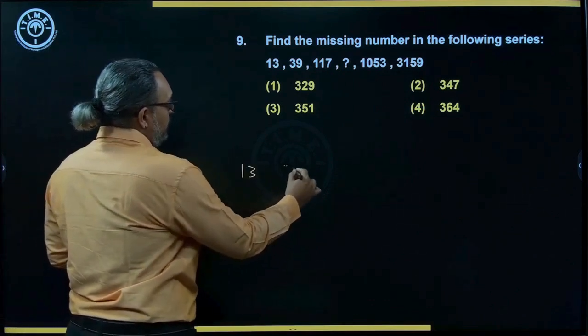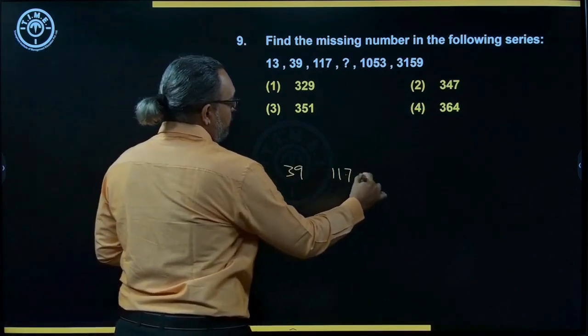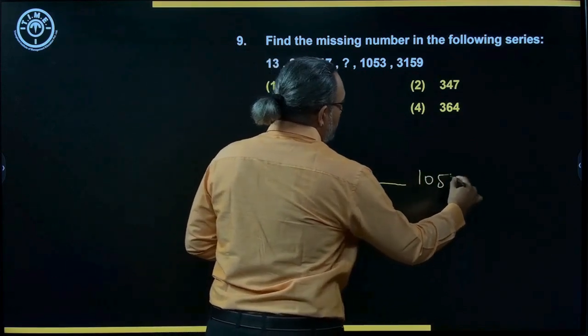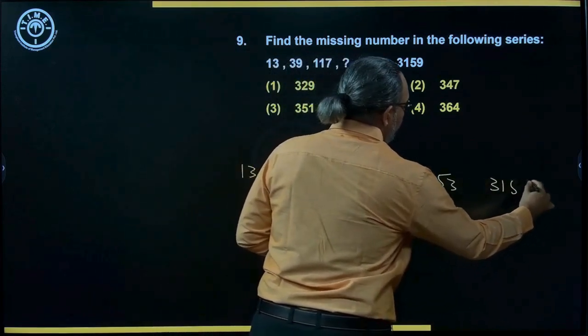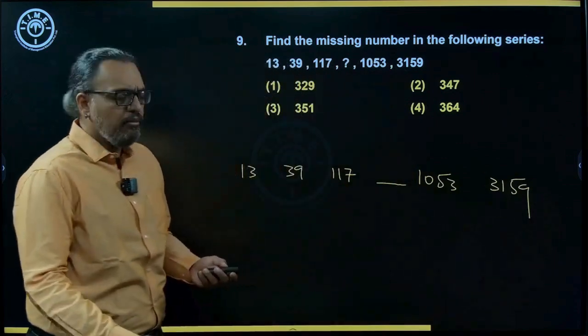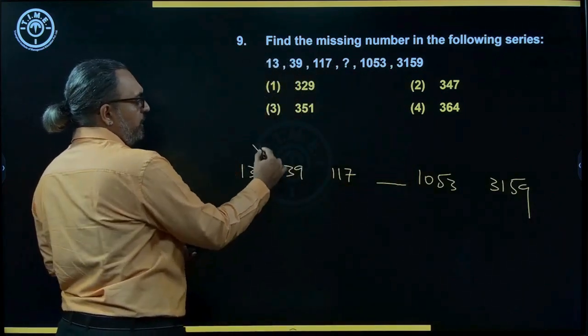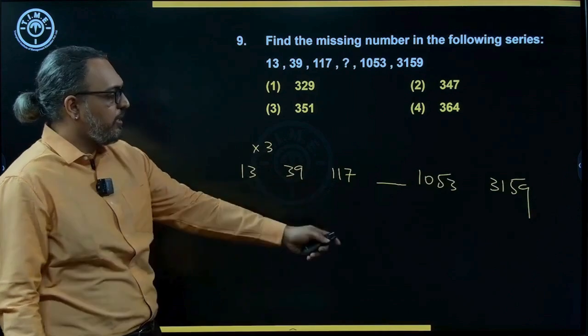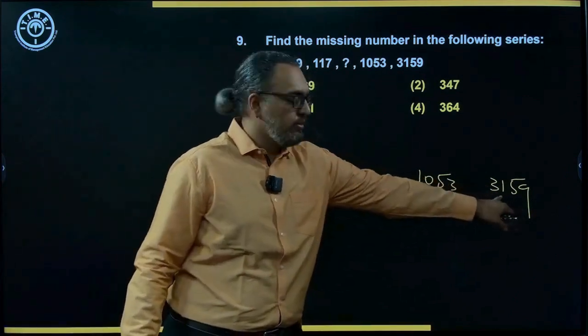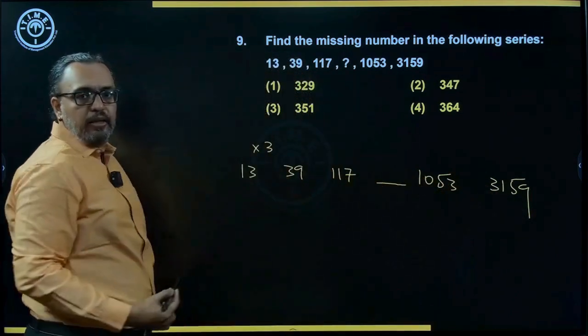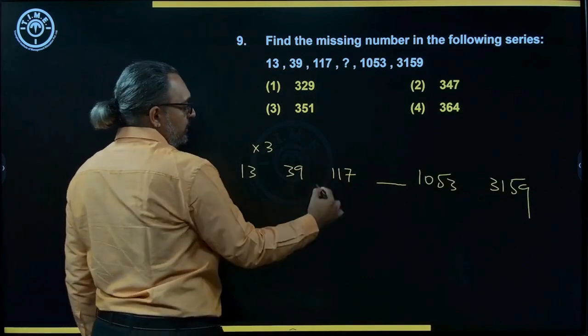Yes. 13, 39, 117, blank, 1053, 3159. Yeah, so I can say this is multiplication into 3 because the numbers are increasing. See, 1000 to 3000, correct? 39 into 3. So this is again into 3.